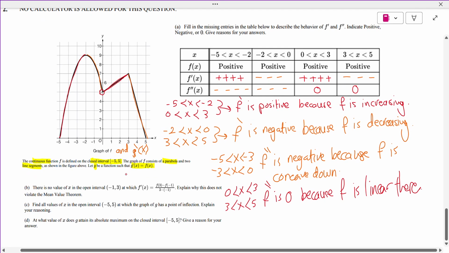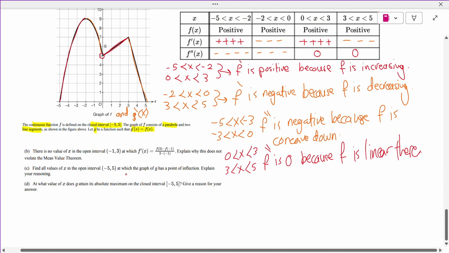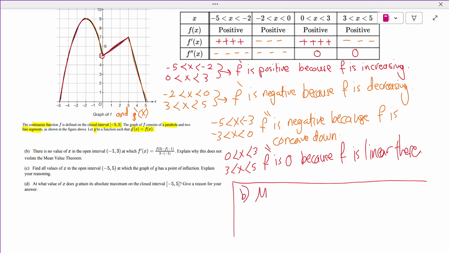So to answer part B, we can say that the mean value theorem does not apply on the given interval.